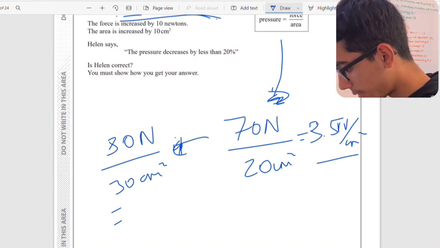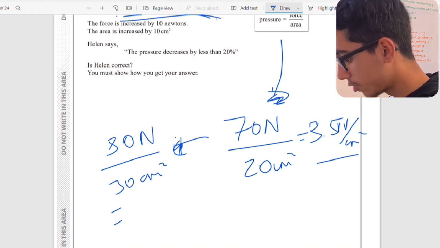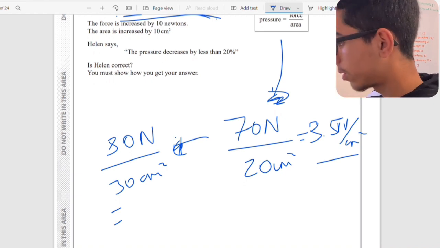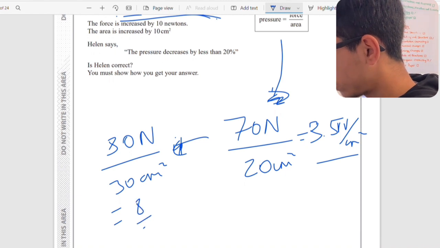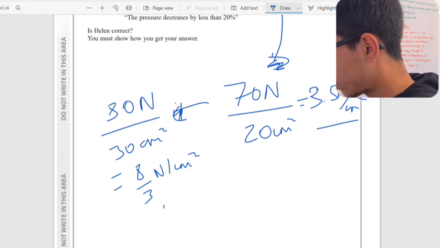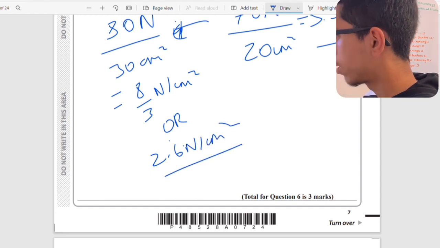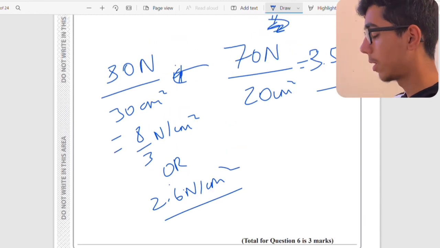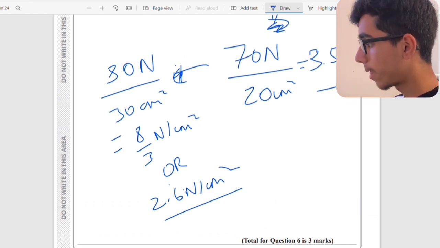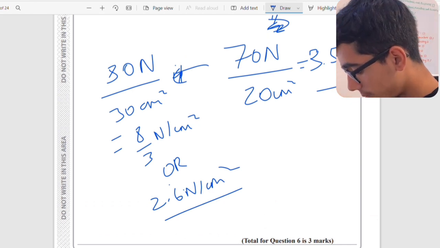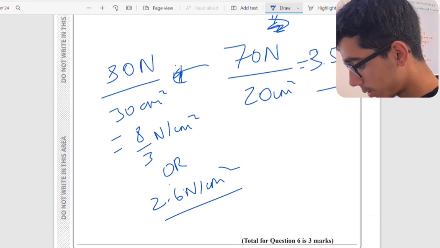Sorry, it's 80 divided by 30, so it's 2.6 recurring, so it's 8 over 3 newtons per centimeter squared. So that was the original one, that was the minimum. So to find the percentage change, basically find the difference, 3.5 minus 2.6 recurring.